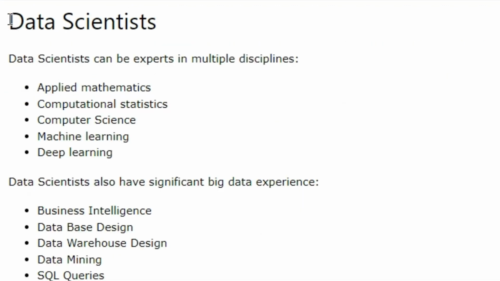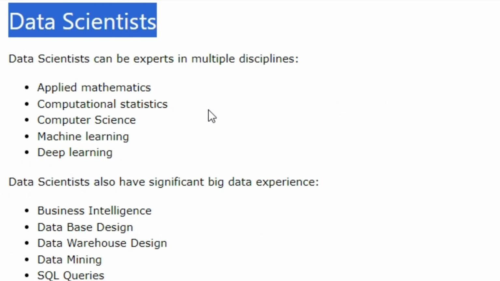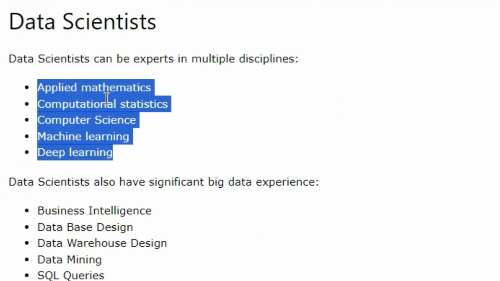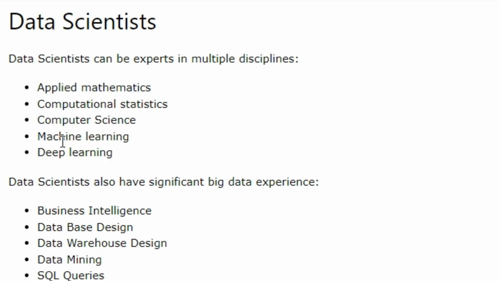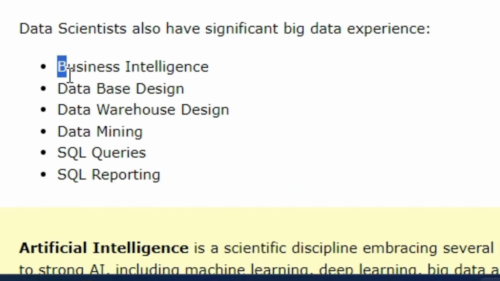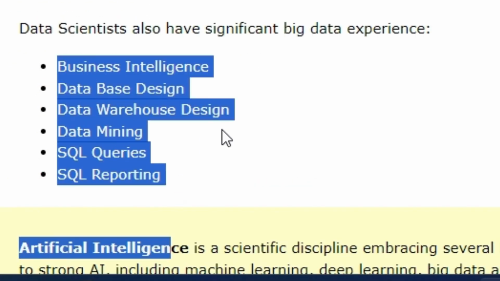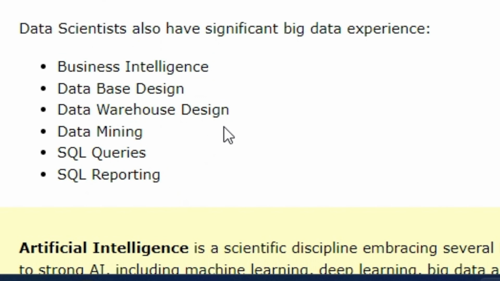Now, we will discuss data scientist. A data scientist can come from the below domains: applied mathematics, computational statistics, computer science, machine learning, or deep learning. And these are the big data areas where a data scientist has experience: business intelligence, database design, data warehouse design, data mining, SQL queries, SQL reporting.